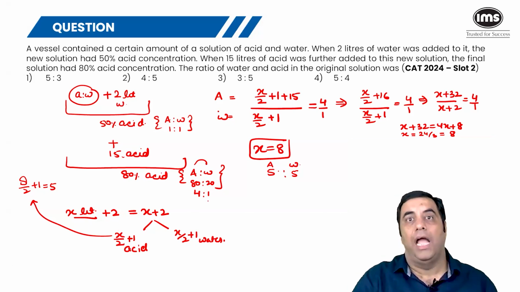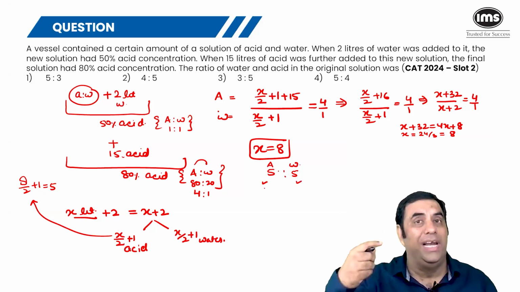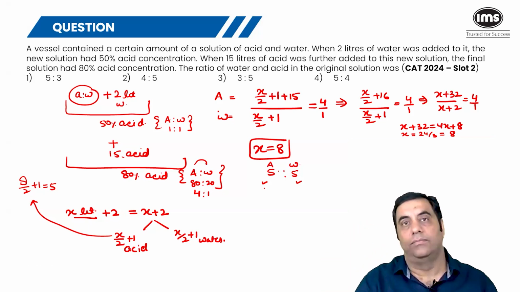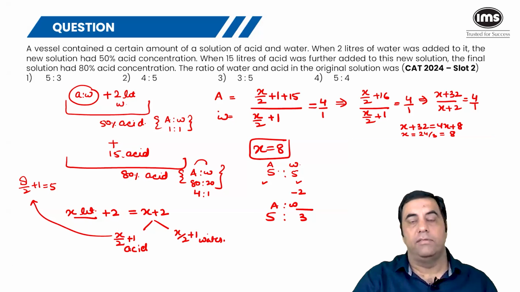And we know that the amount of acid was 5 liters and the amount of water is 5 liters once this 2 liters of water was added. So before the addition of this 2 liters of water, water was 3 while the acid was 5. So acid to water is 5:3.